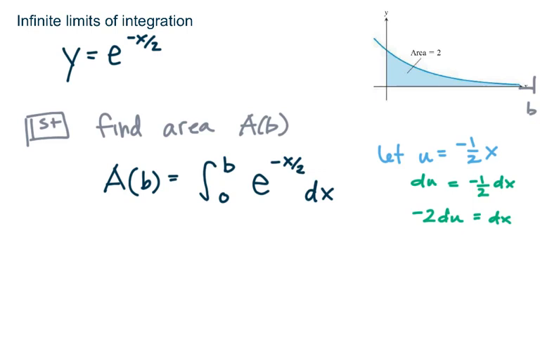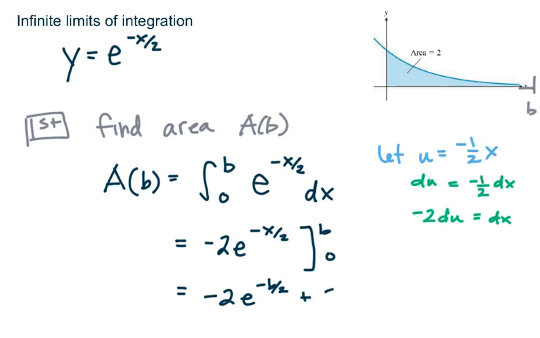So skipping over the intermediate calculation, we're going to end up with negative 2e to the negative x over 2 from b to 0, which will simplify and give us negative 2e to the negative b over 2 plus 2. So this represents the area from 0 to b, some undefined value on the right.